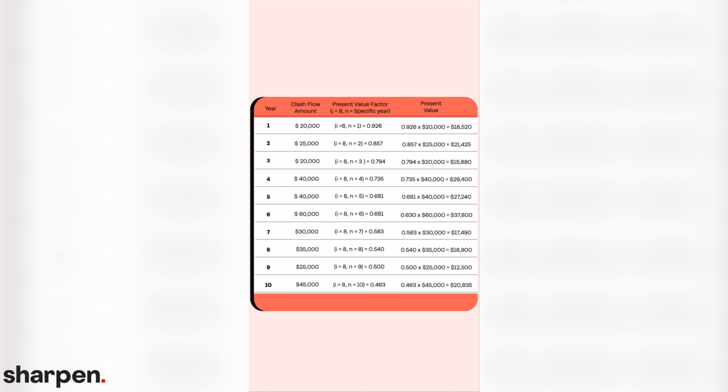Let's say the total present value figure you determined is $219,990. If we subtract the initial investment of $200,000 from that amount, then we would get a positive net present value of $19,990. Even with the varying yearly cash flow amounts, the new X-ray machine is still worth considering.